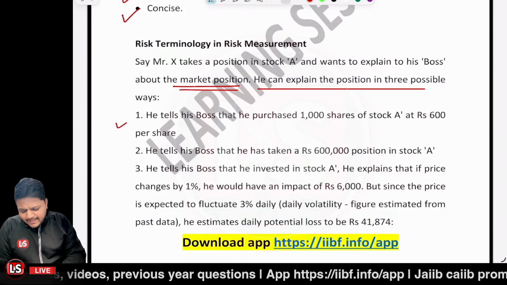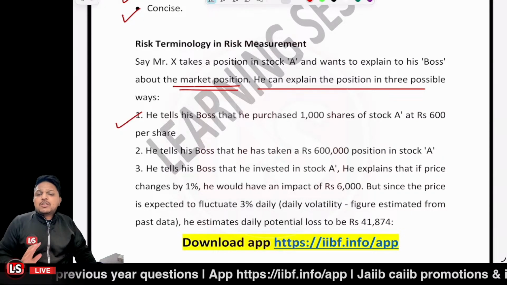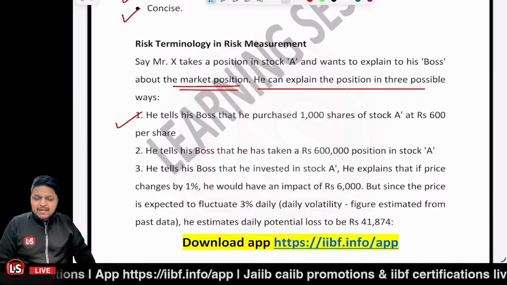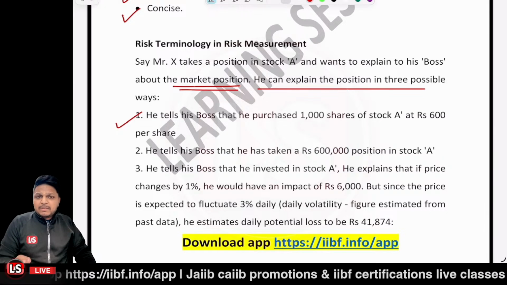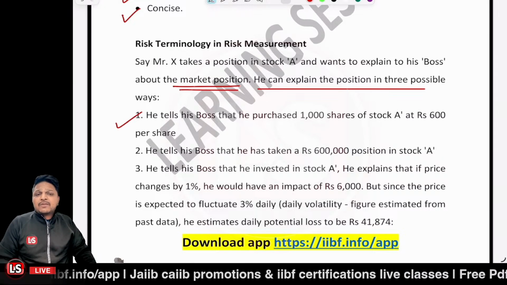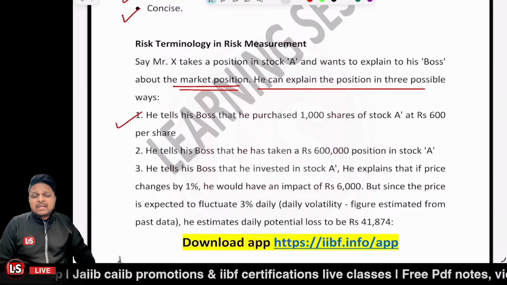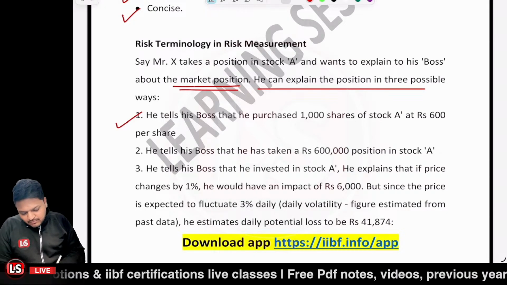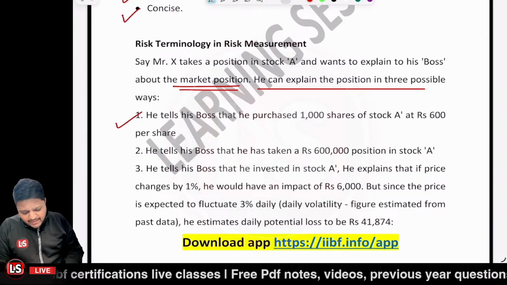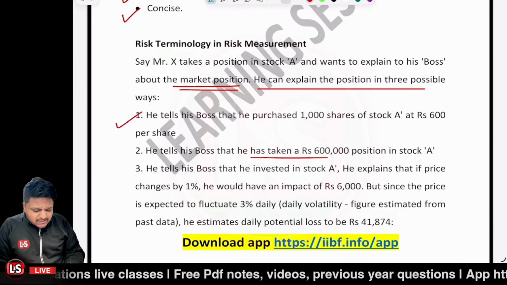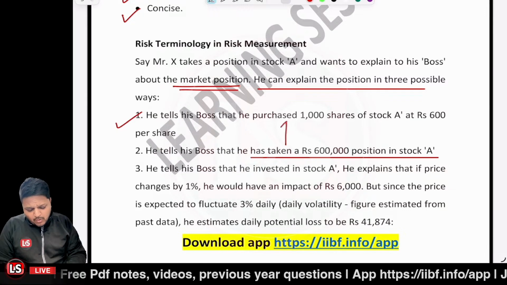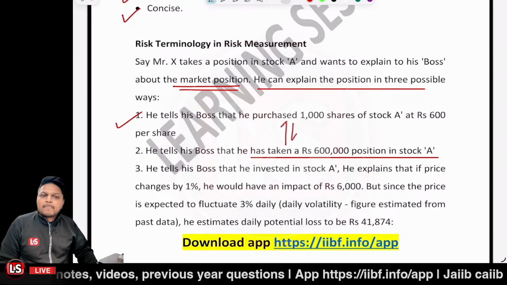He just told that I have taken this position, that I purchased 1000 shares of company A at rupees 600 per share. That indicates our total exposure is 6 lakh rupees. In the second way, he told that we have taken a position of 6 lakh in stock A. Simple as that. So these two are almost equivalent, right?